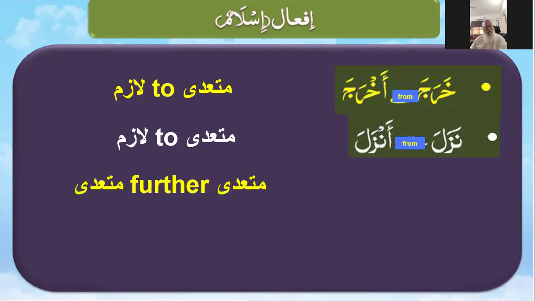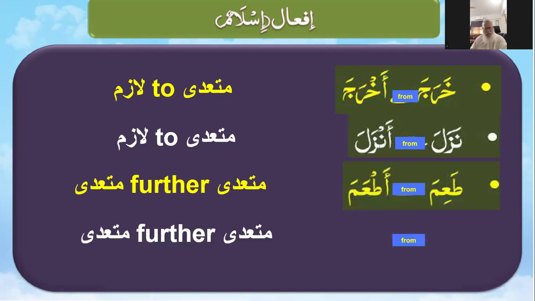And making further mutaddi, just like ta'ima, he ate. At'ama, he fed, and needs something to be fed. Two or more than two maf'uls. Another example, nakaha, ankaha. Nakaha, he got nikah, he got married.